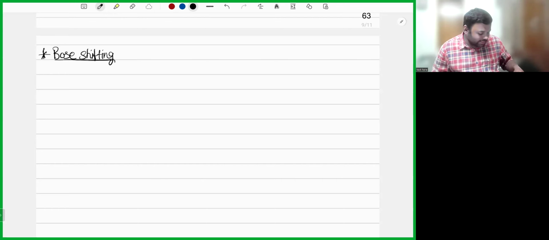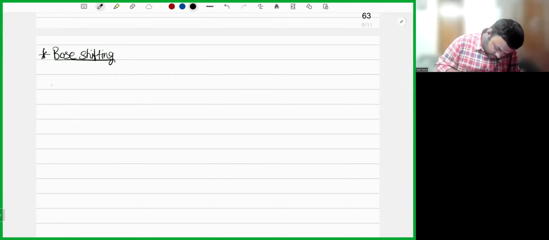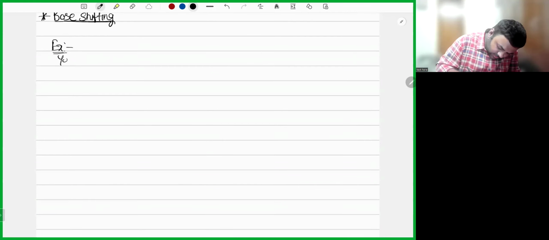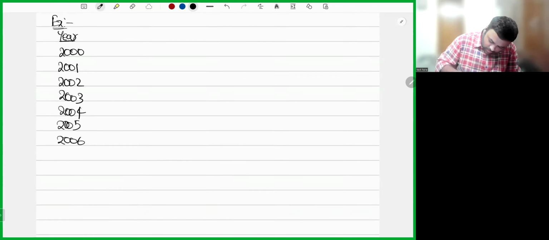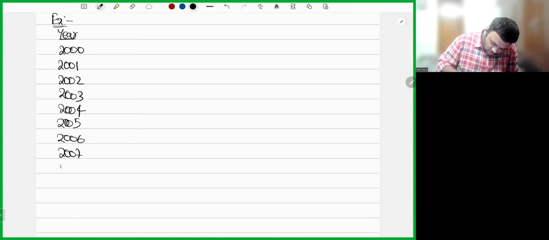When you join 2 index numbers together, we call it time splicing. Say for example, I have the years 2000, 2001, 2002, 2003, 2004, 2005, 2006, 2007, 2008, 2009, 2010.